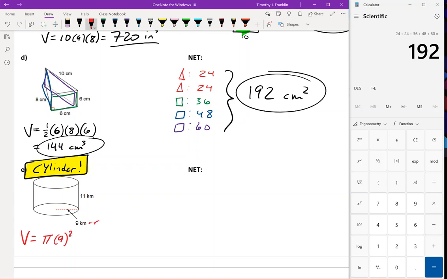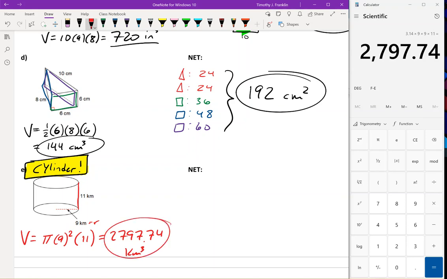So pi times 9 squared, times the height of the cylinder, which is 11. So 3.14 times 9 squared times 11, we get 2,797.74 kilometers cubed. Quite large.